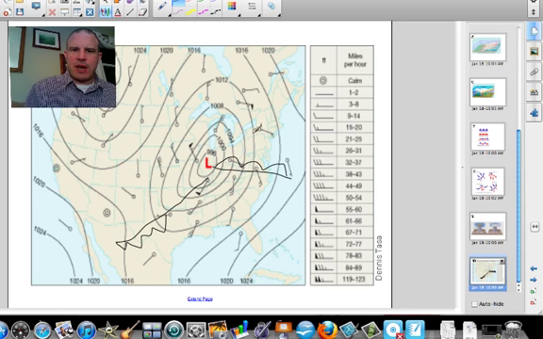And then this area here is kind of moderate in temperature. So this shows you, for a wind chart, it actually gives you the numbers. We can see counterclockwise direction around that low pressure, and high pressure going in clockwise again.